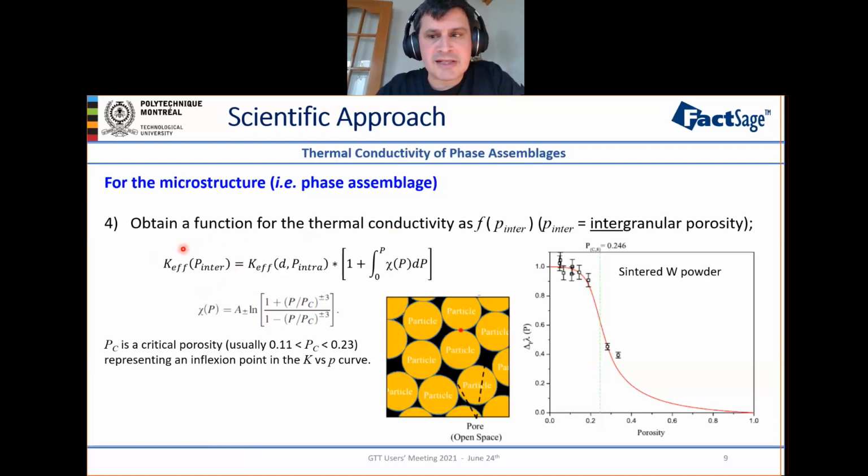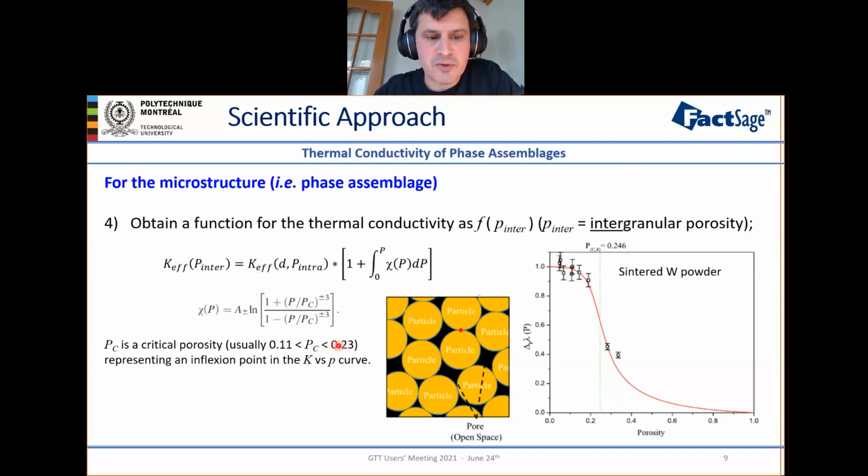So our model takes into account a critical porosity for the intergranular porosity. So it's a critical function where you get an inflection point given at the critical porosity, which is a user-defined parameter. We recommend a value of 0.16 by default.